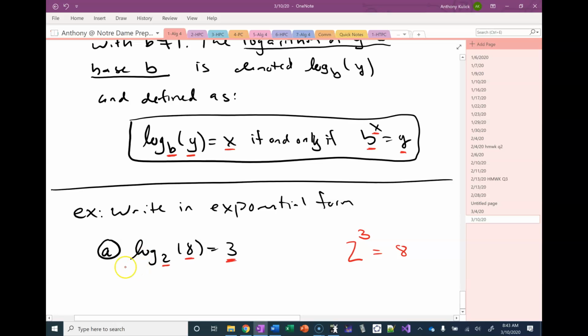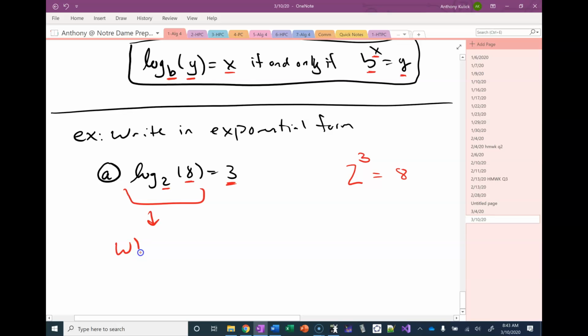What this is saying is, what is the exponent in this equation? 2 to what power gives me 8? And the answer to that is 3.